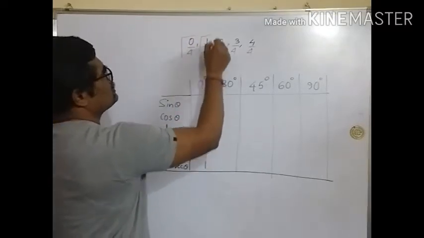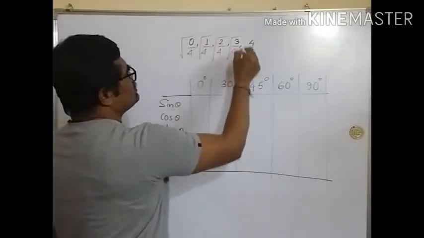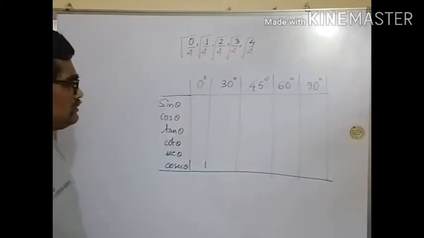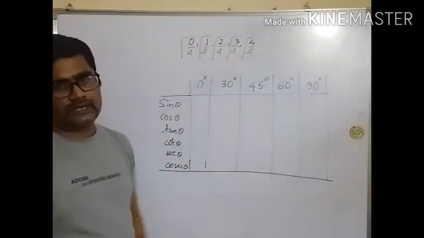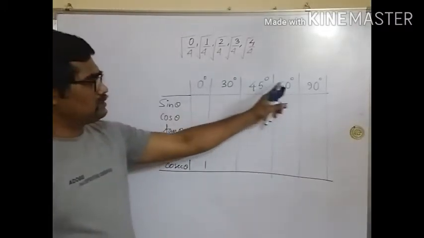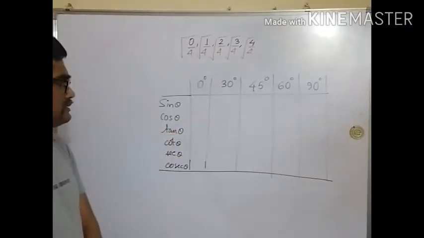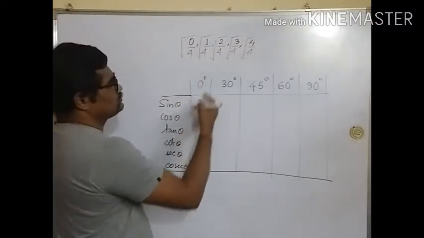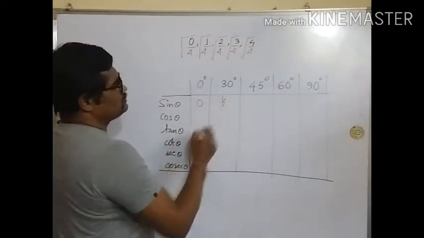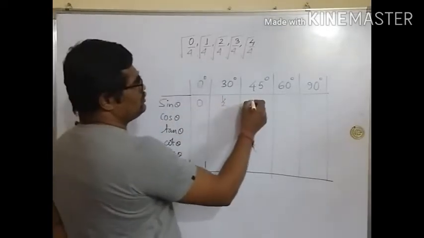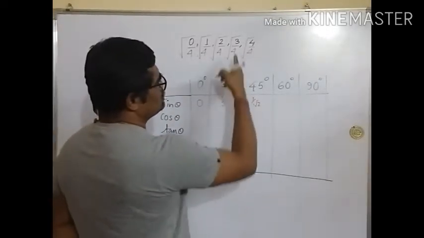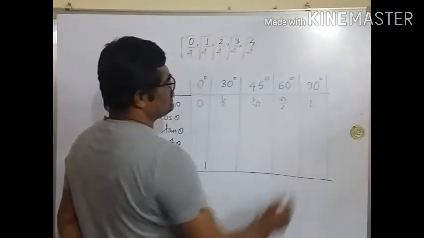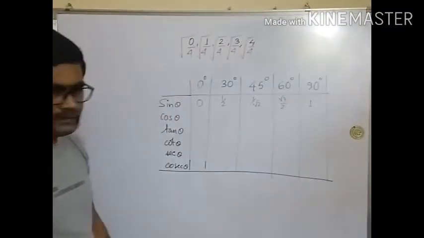Whatever values you get, this is the first line, that is the value of sine in the increasing order of the angles. That means this will be 0, this will be 1 by 2, this will be 1 by root 2, this will be root 3 by 2, and at last this is 1.